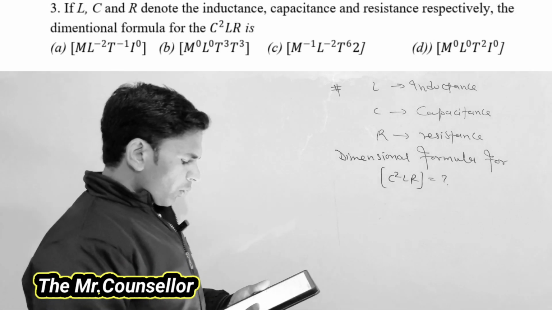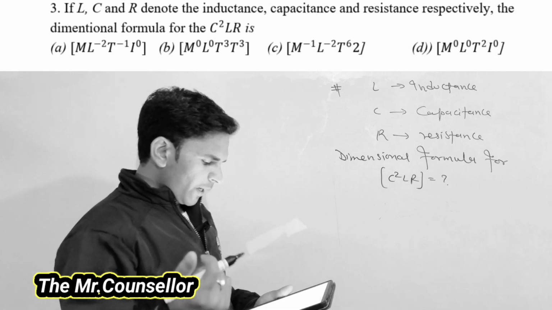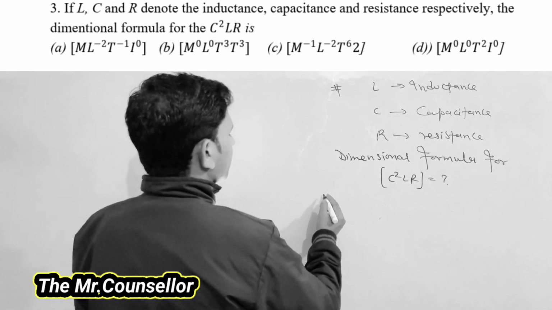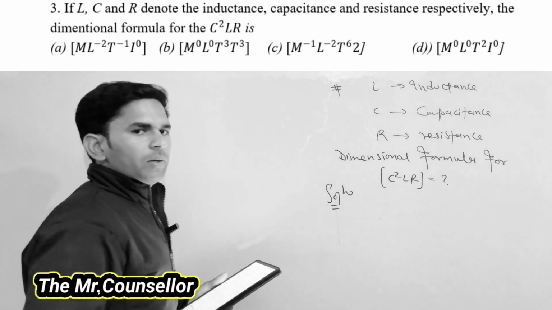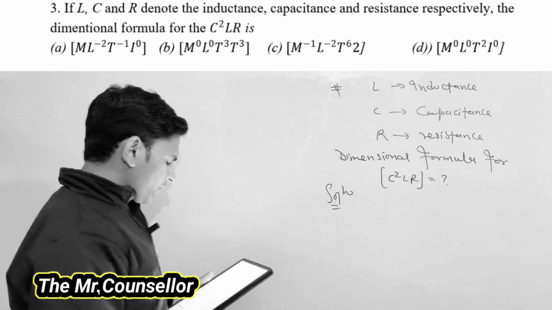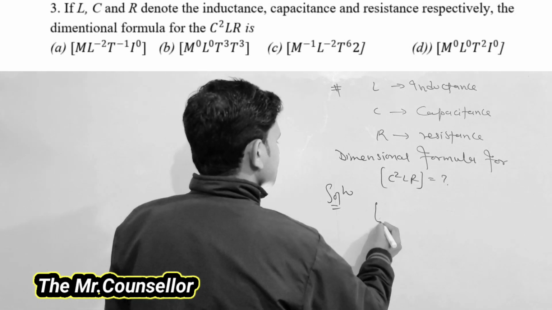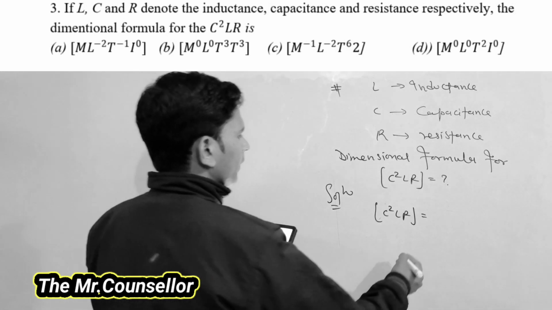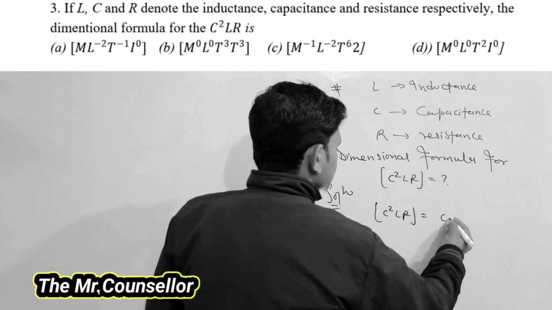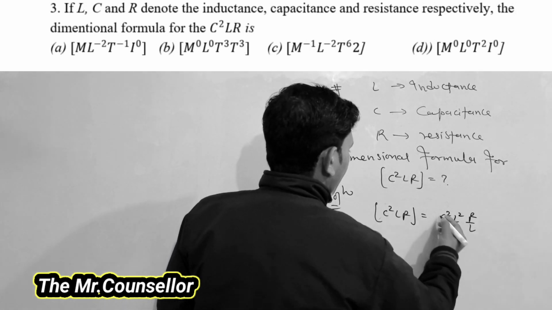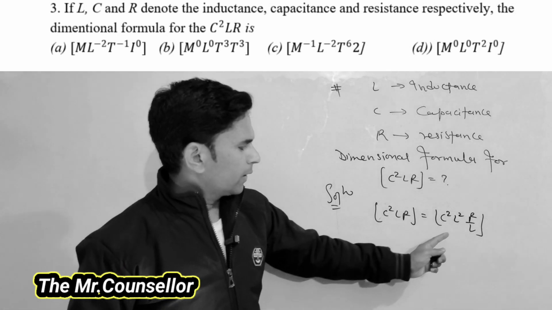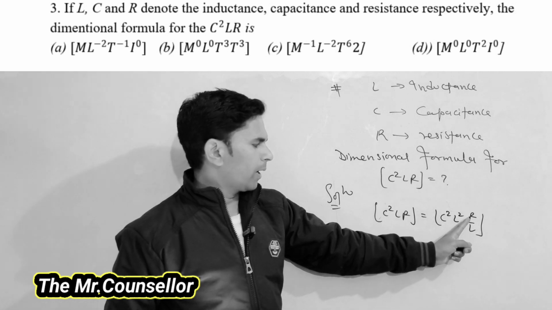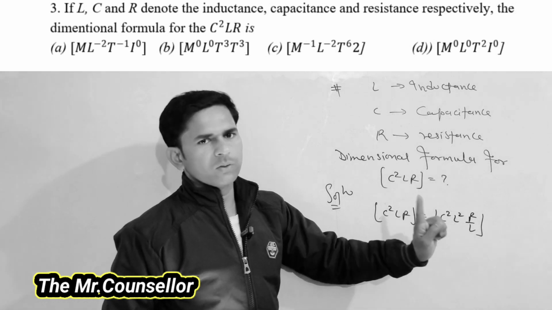Now you know one formula. We can mention it here. First we are going to make the arrangement, and after the arrangement we will solve it. I am writing C square LR. Here we make some arrangement: L is there, so divide by L and multiply by L, so it will be L square divided by L. Is it okay?